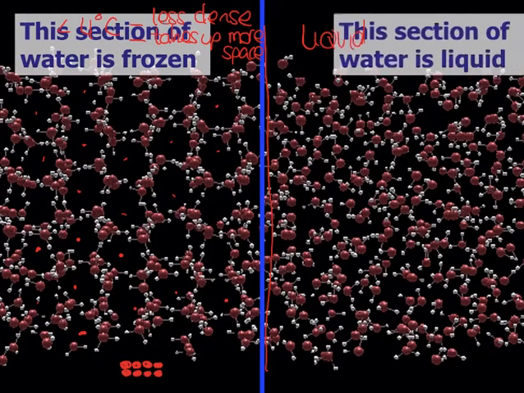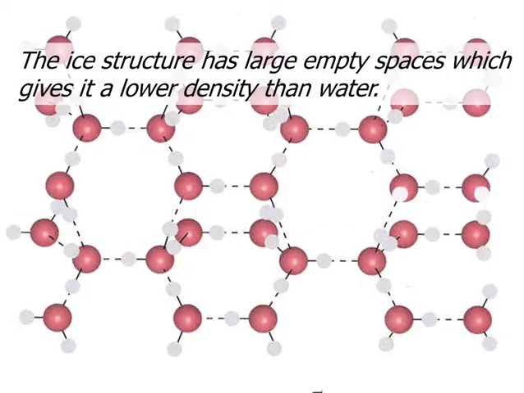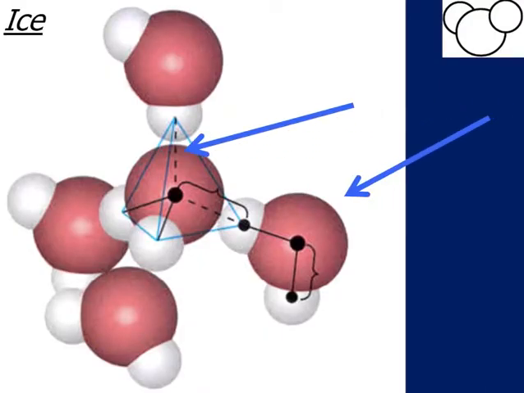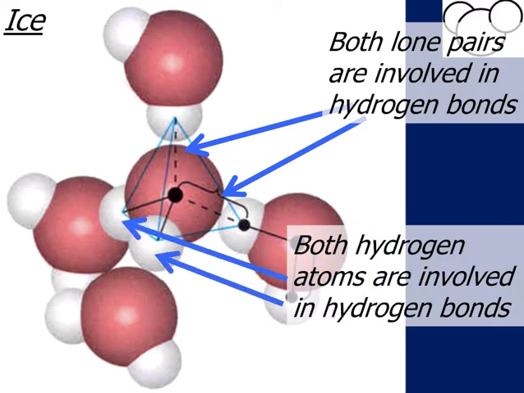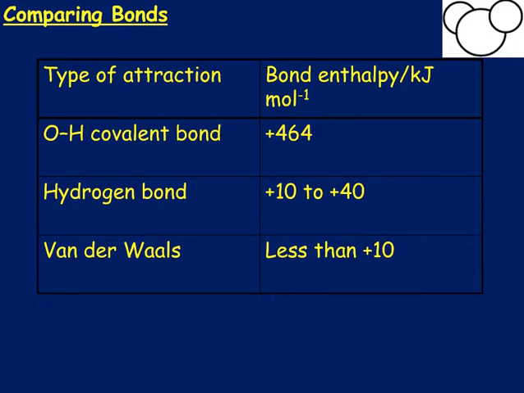Okay, so just to explain that, the large empty spaces mean it's now less dense and it will float on water. So we've said both lone pairs are involved in hydrogen bonds, so each water is capable of bonding to 2 other water molecules, and that will continue on through the ice.